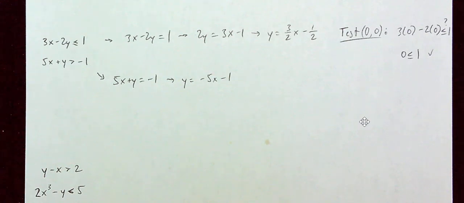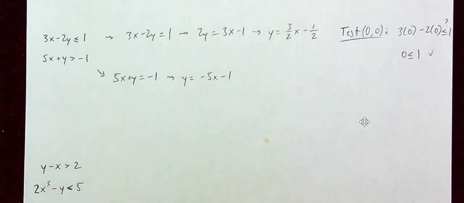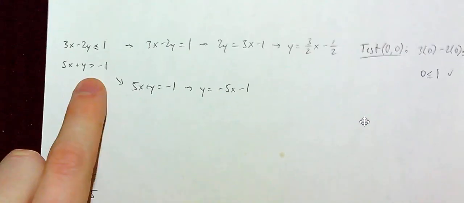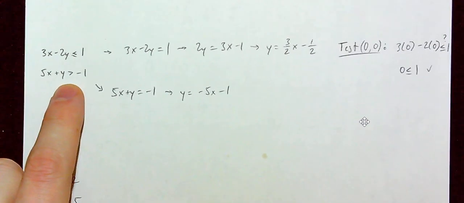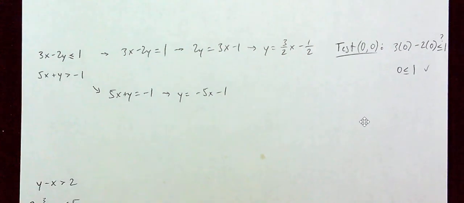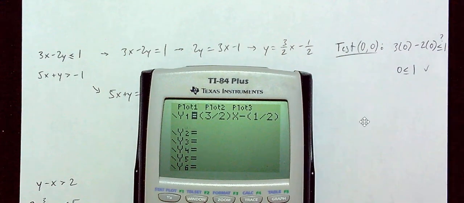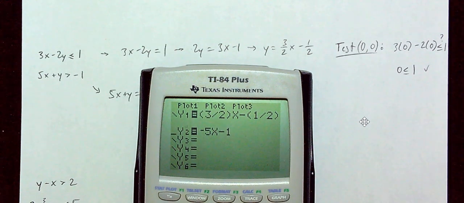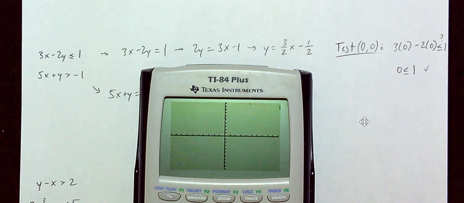When we graph this line, we know that it has to be a dashed line because this is a strict inequality. This is strictly greater than. And if I do negative 5x minus 1, let's get a look at our dashed line here. So there was our first line. And this is our dashed line there, negative 5x minus 1.